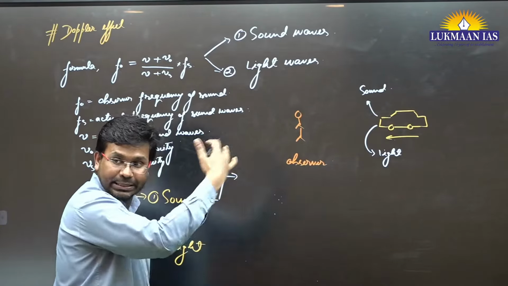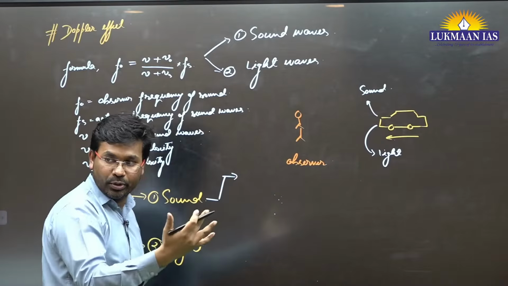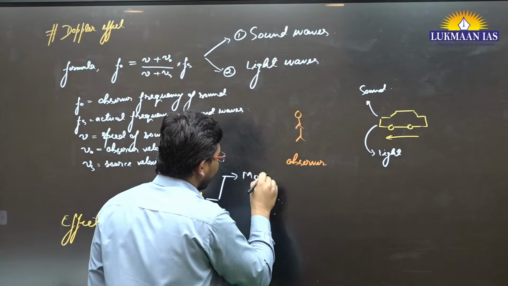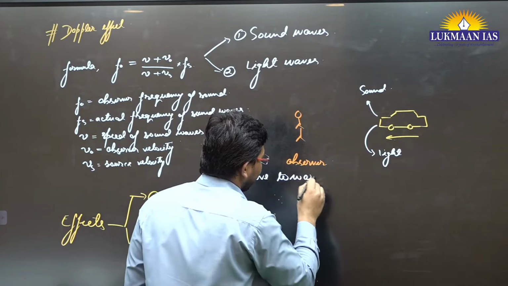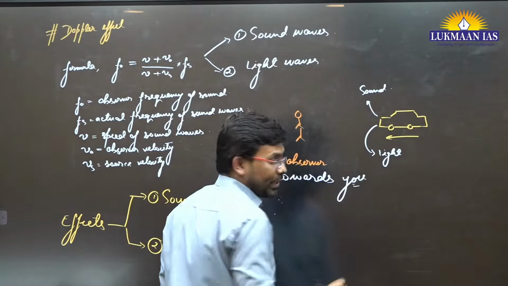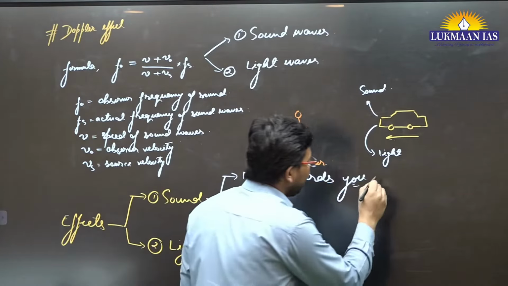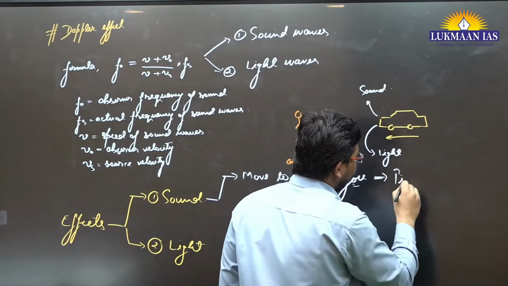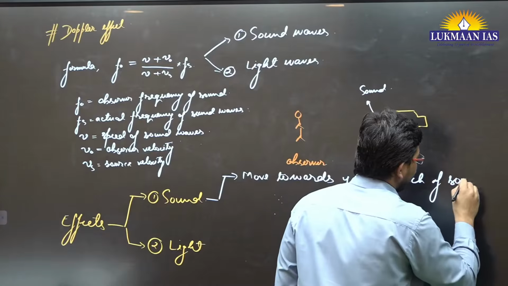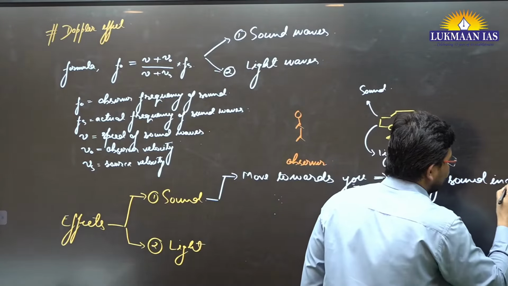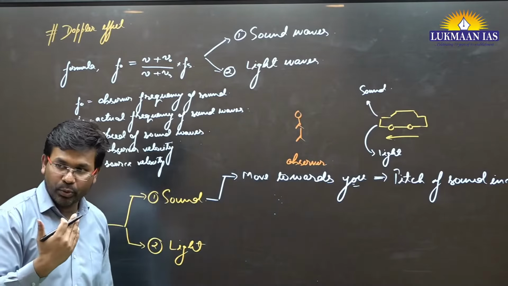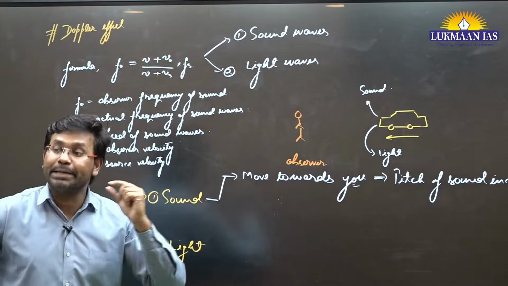When the source of the sound moves towards you, considering you to be an observer, what will happen? The pitch of the sound increases. When the train is coming towards you, you hear a steeper sound.